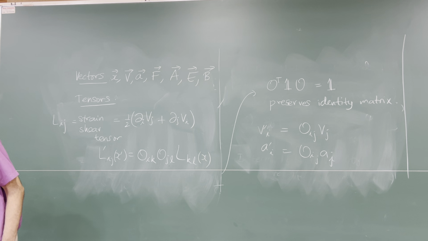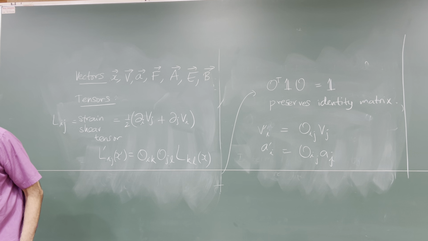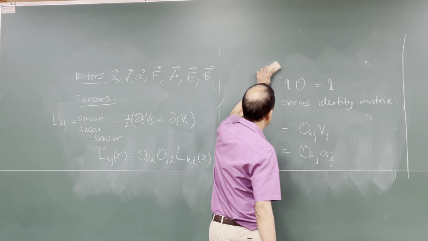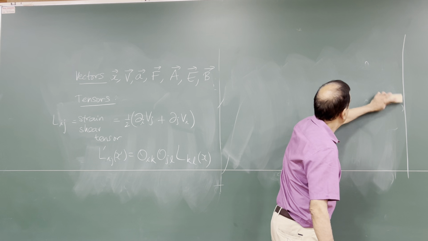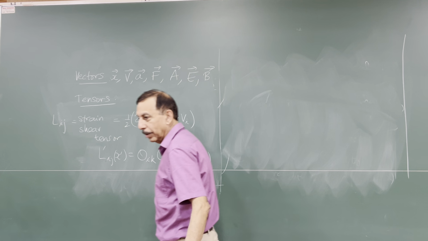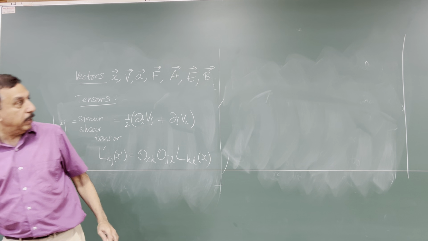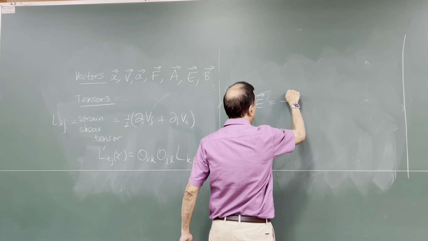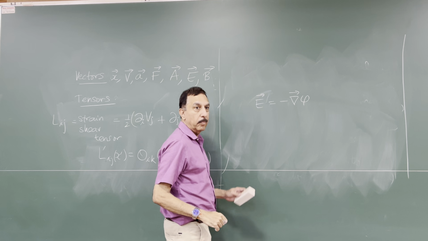Now, it's very important that these things are true because otherwise, lots of equations of physics would just go to hell. For example, let's take first a simpler equation, E equals minus gradient phi. Electrostatics.